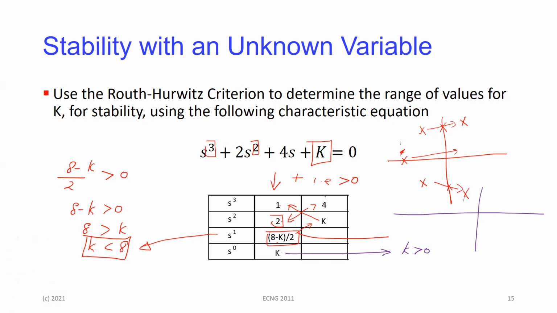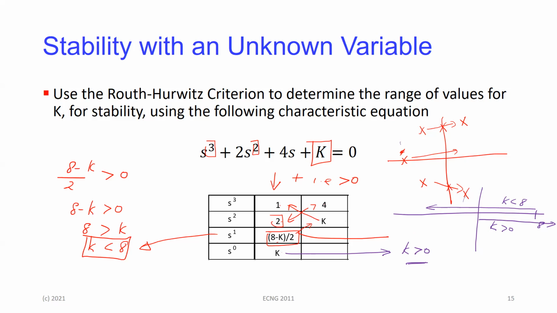This is K here. The first answer is telling me this is 8, so for stability K has to be less than 8. And this one is K greater than 0. So what is the range of values for that system to be stable?